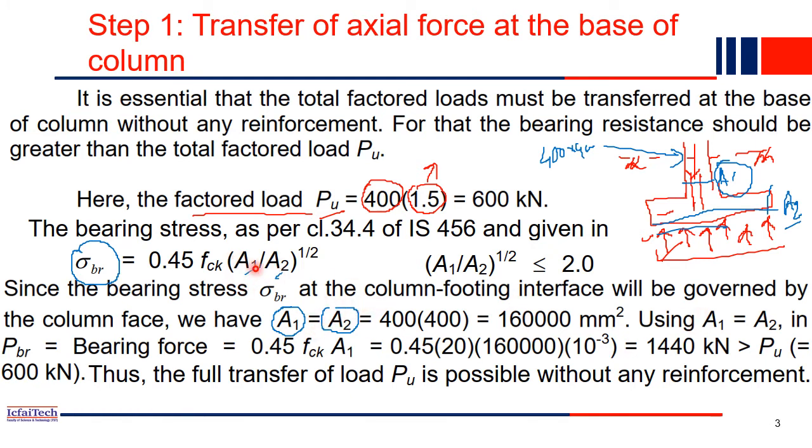If you substitute the A1 and A2 values here, then you will have the bearing force, which will be nothing but this multiplied by A1, because the ratio will cancel out. So ultimately this is the final force. 1.44, sorry, 1440 kilonewton is the maximum force that this can take.